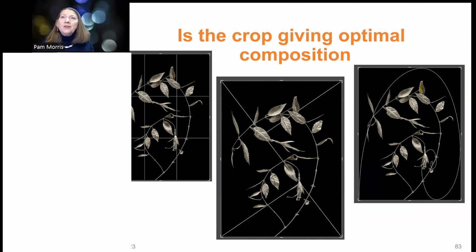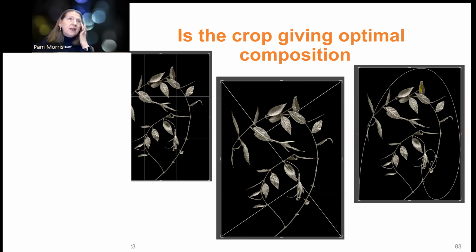And if all of those confirm that the key components are lined up along where those intersections are, then that confirms to you, yes, the crop I've actually got on this image is correct.